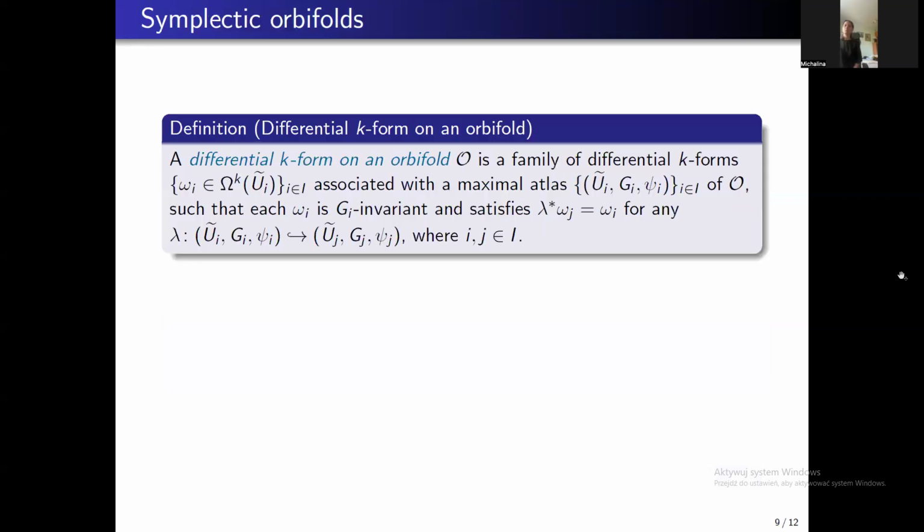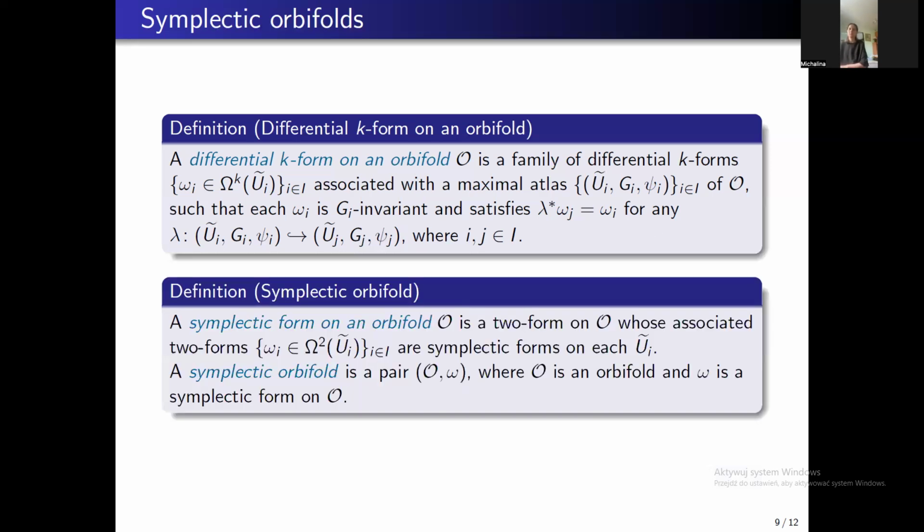And now I want to equip the orbifold with a symplectic structure. So first I will say what is the differential form of an orbifold. So we consider on the orbifold a maximal atlas and associate with each chart from this maximal atlas a local differential k-form. And we also want those differential k-forms to be invariant under the appropriate group action and also to be compatible with each other, where the compatibility condition is given by the pullback of the appropriate embedding.